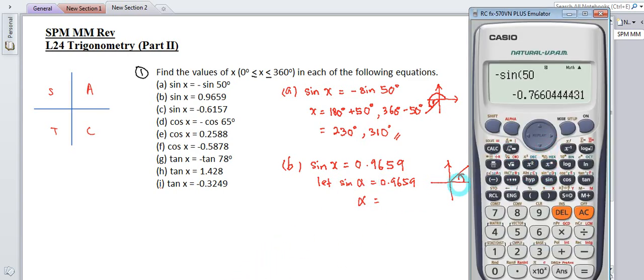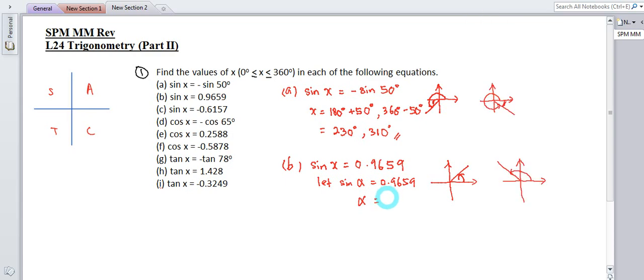Now you want to find the angle, right? You have to press shift first. You get sine -1 here. Then you press 0.9659. You will get this answer, 74.99. Okay, now we have the reference angle. We know this is 74.99 degree here.